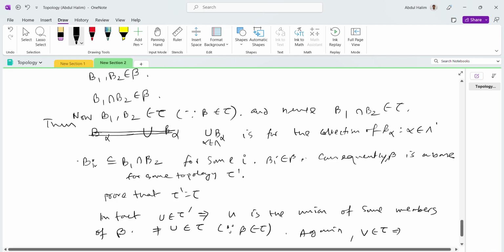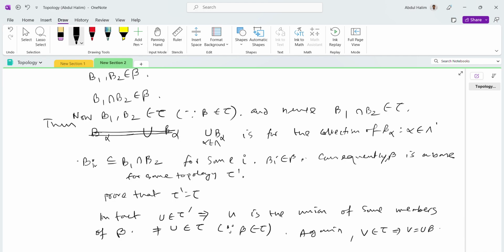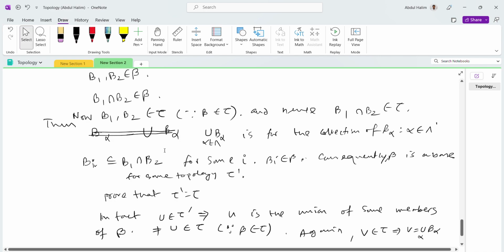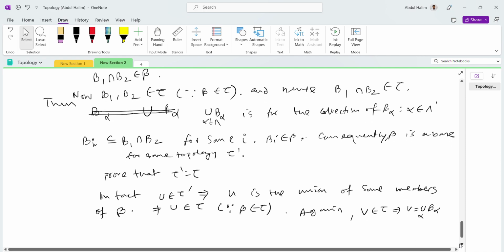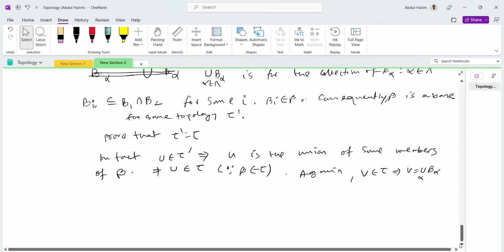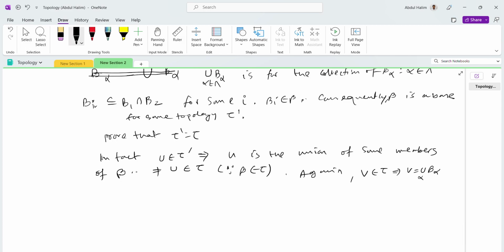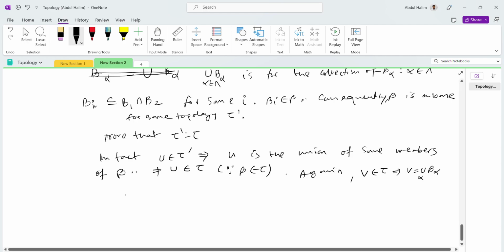In fact, U belongs to tau1 implies U is the union of some members of beta.